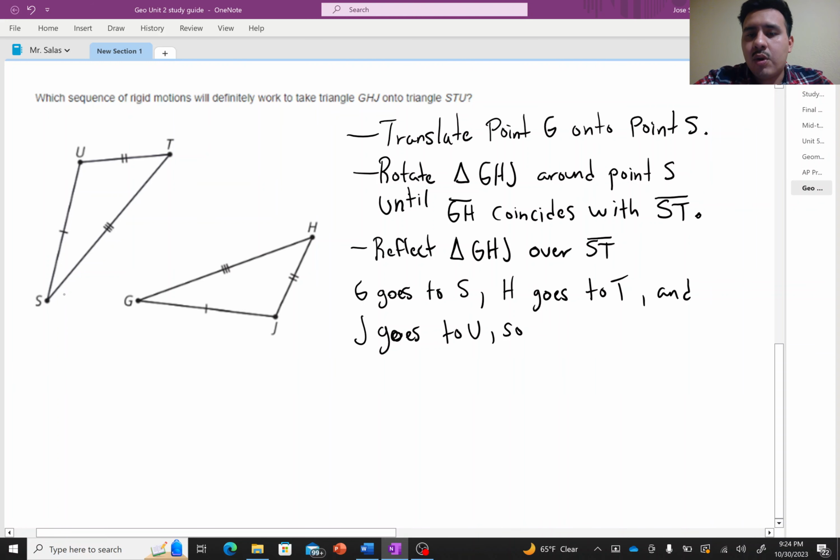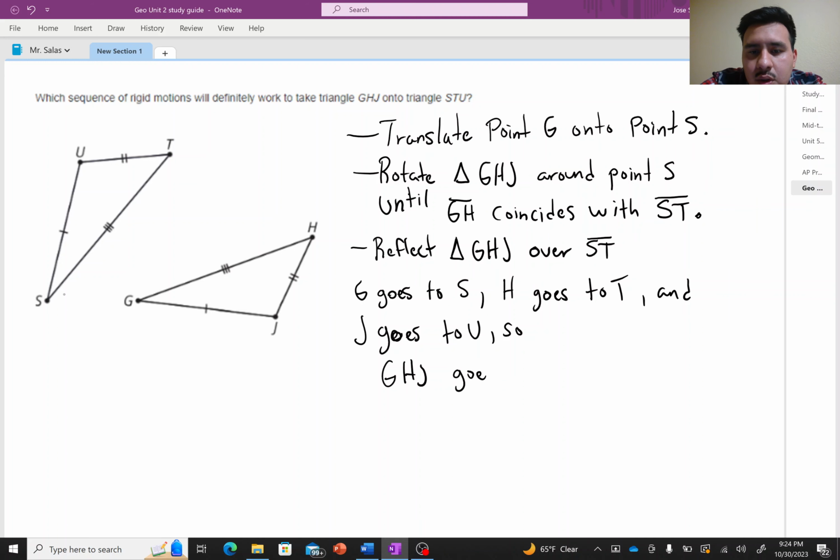So GHJ goes onto, we have to use the same exact words that they're giving us in the sentence, goes onto STU. And we are done showing the sequence of motions.